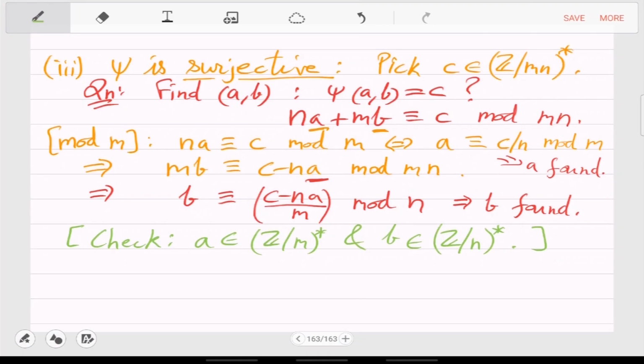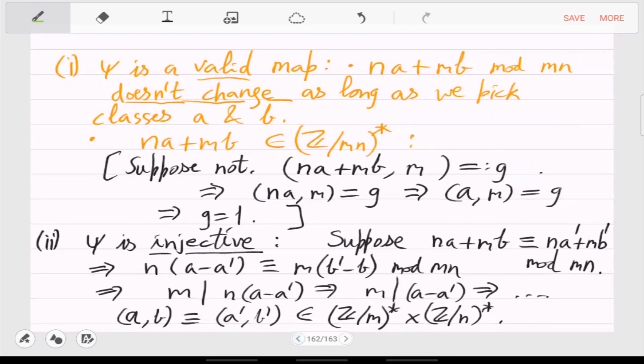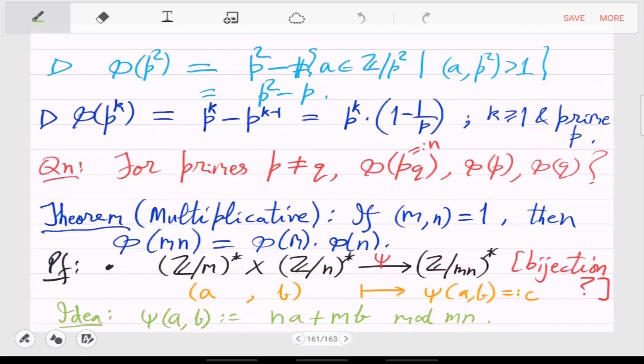Right? For any C we pick, there is actually a fast algorithm to find A, B. Everything here is explicit, which shows that psi is surjective also. So psi is a valid map which is both injective and surjective, so it's a bijection.